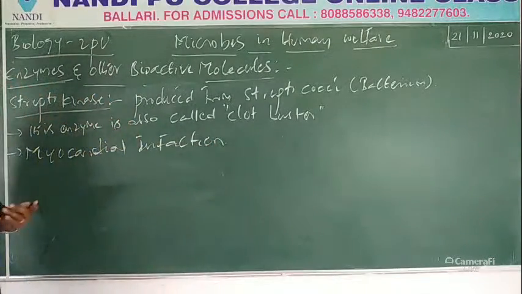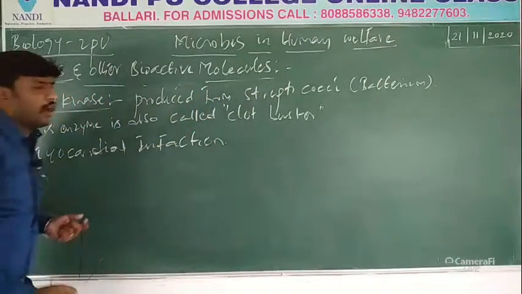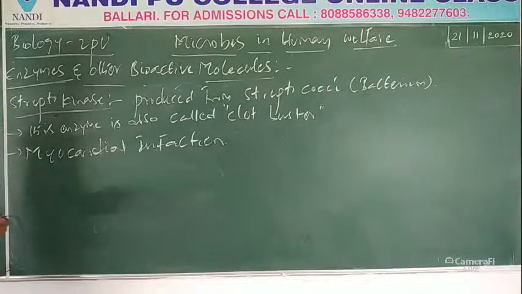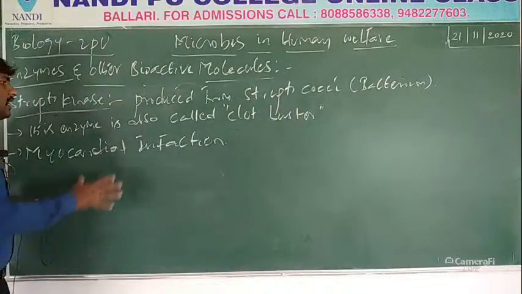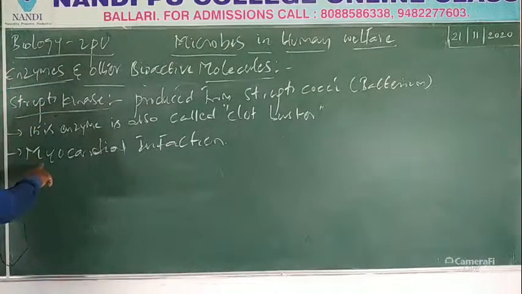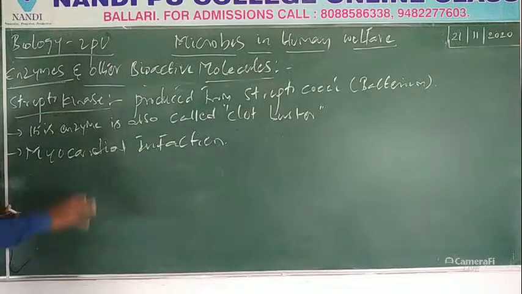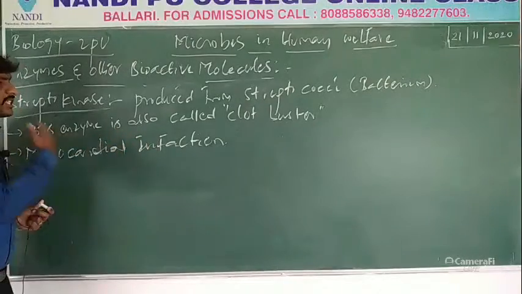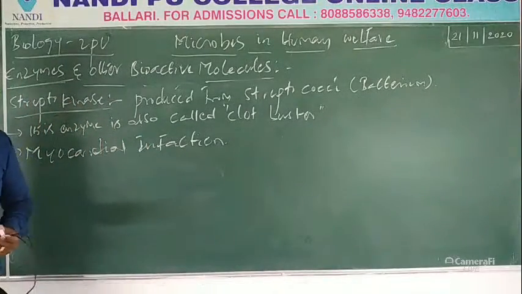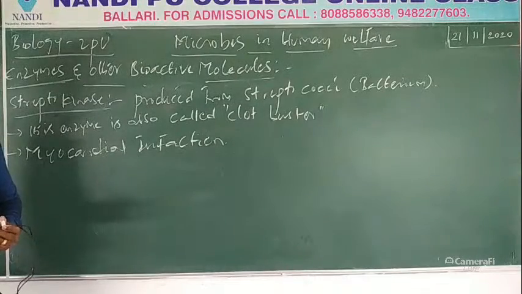Due to this myocardial infarction, there is formation of clots in the blood vessels near the heart. So when you use this streptokinase enzyme, it will remove the clots present in the disease called myocardial infarction. If this myocardial infarction continues, obviously it will lead to a heart attack.